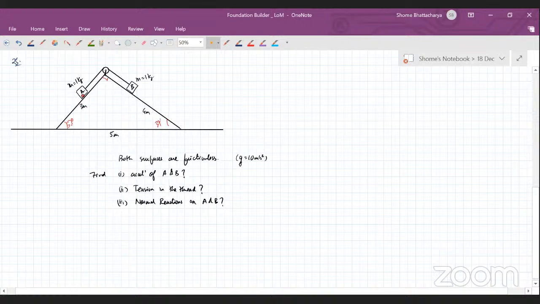Okay. Because then you can see that the components of weight will be like this. Okay. mg cos 53 and mg sin 53 and mg cos 37 and mg sin 37.